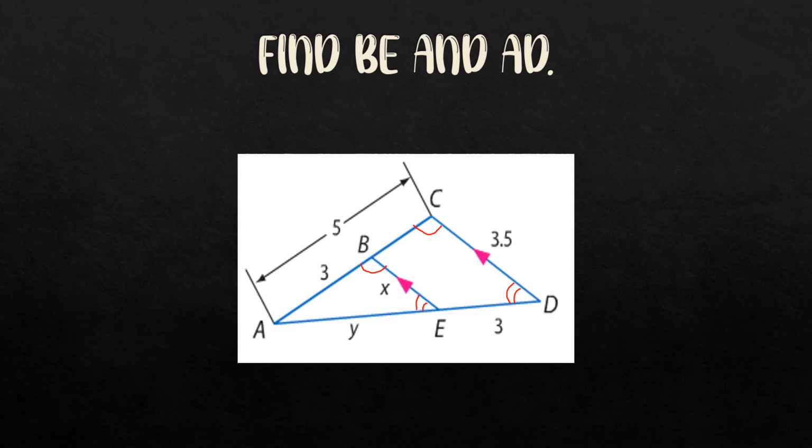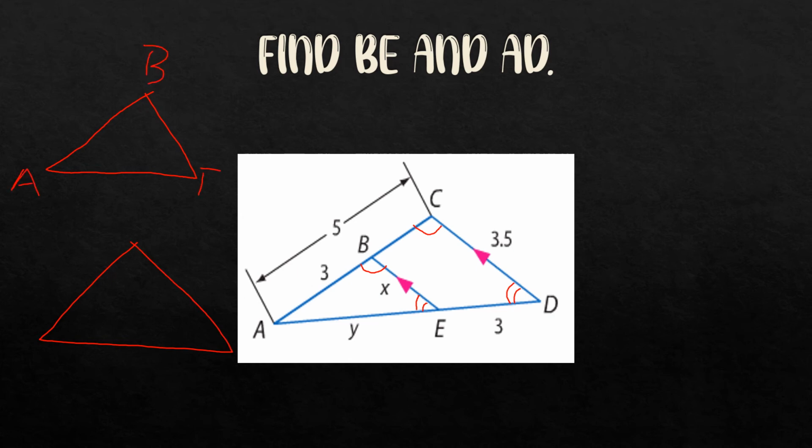So I would again suggest drawing little triangle and big triangle. So the little triangle is ABE. What we do know is BE is X, AB is 3, and AE is Y. In the big triangle, it's ACD.